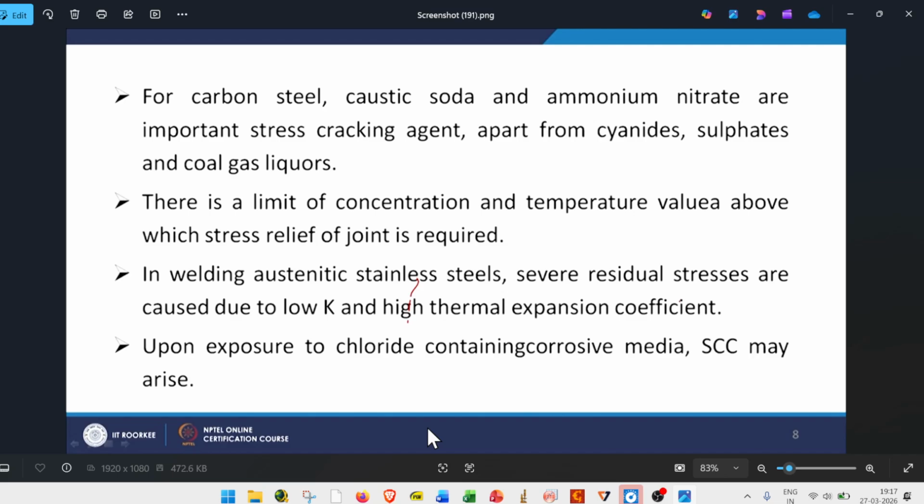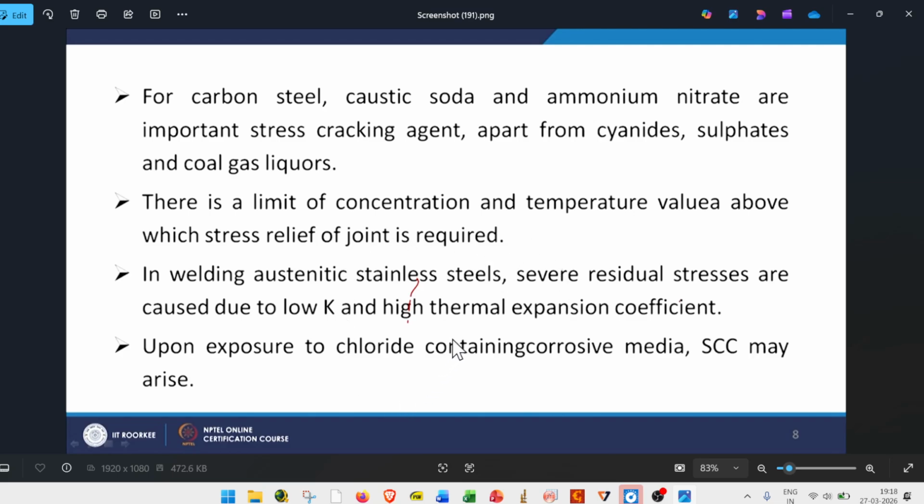For carbon steel, sodium and ammonium nitrates are important stress cracking agents, apart from cyanides, nitrates, sulfides, and coal gas liquids. Okay, there are limited concentration and temperature values above which stress relief of the joint is required.